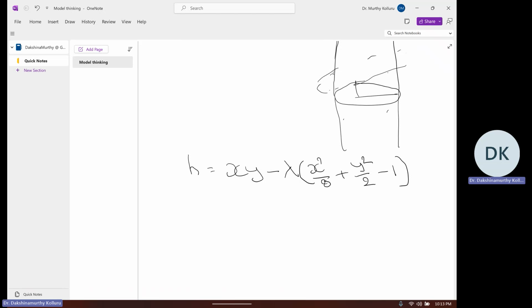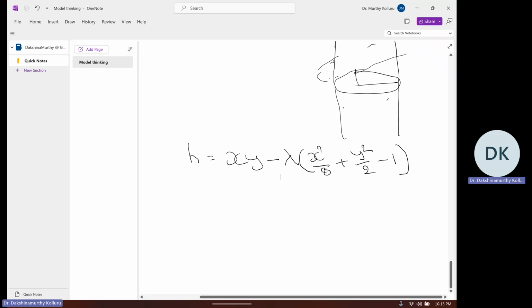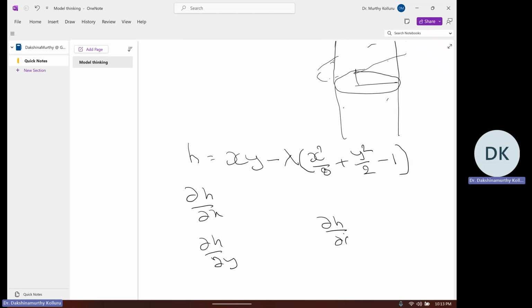So now we will go ahead with what we learned in the last class. First, we'll have to find the gradient: dou h by dou x, dou h by dou y, and dou h by dou lambda also here because that constraint also has to be met. First I will take x as the variable. So this is y minus 2x by 8, this becomes 0, x by 4, y minus lambda x by 4.